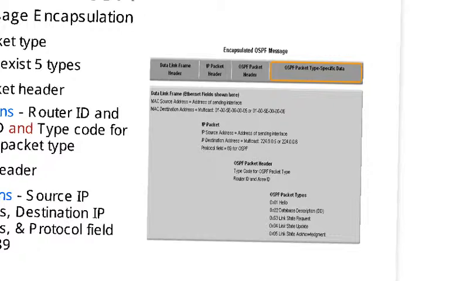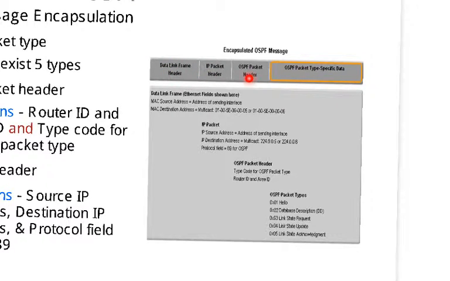And we have the IP header. For the IP header, we use protocol ID 89 to indicate that the payload is going to have the OSPF message format. So these are standard things, okay?